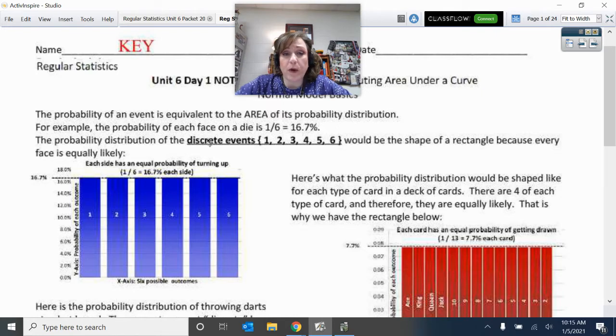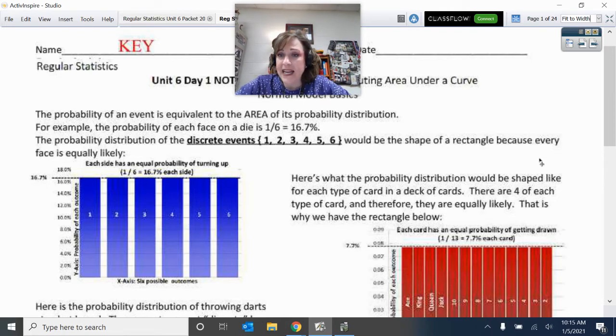This also happens to be what we call discrete, which isn't majorly huge that you get that vocabulary right now, but it is worth talking about. This is a bar graph because you can just have these particular events. I mean, technically, I could rearrange these in any order. I don't have to have them from least to greatest.